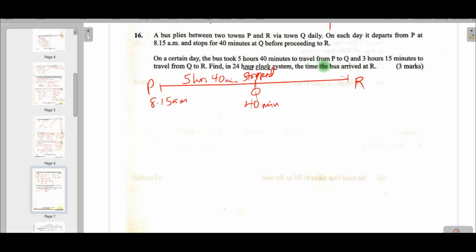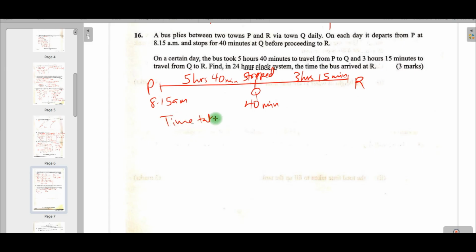Then from P to Q, and then 3 hours 15 minutes travel from Q to R. So we need to find in 24 hours clock system the time the bus arrived at R. So we need to add the total time taken.